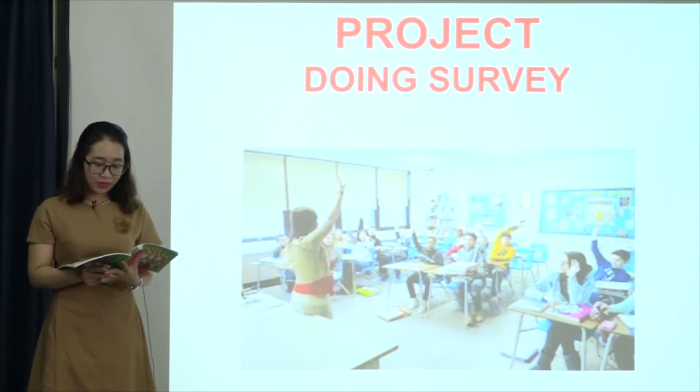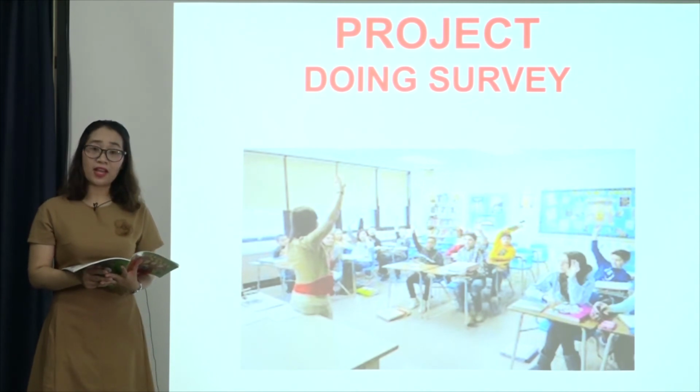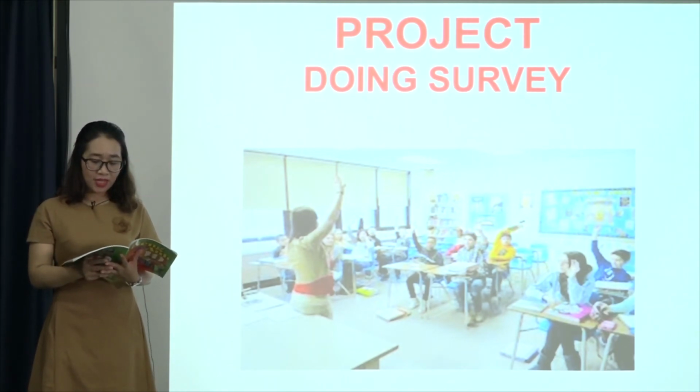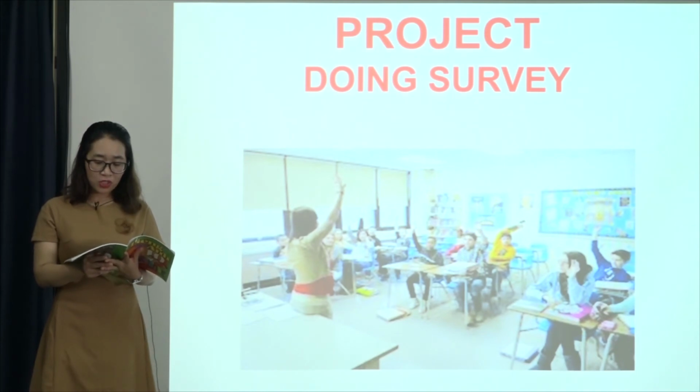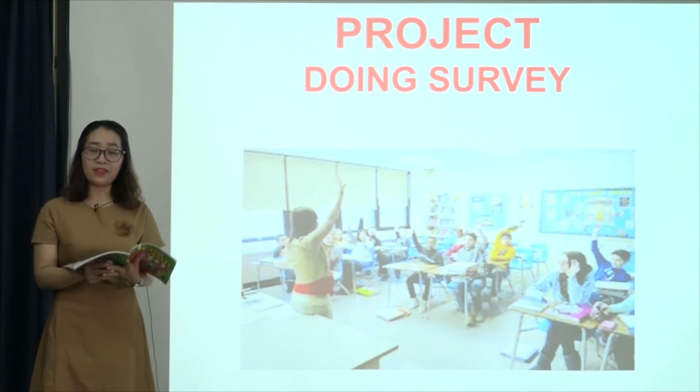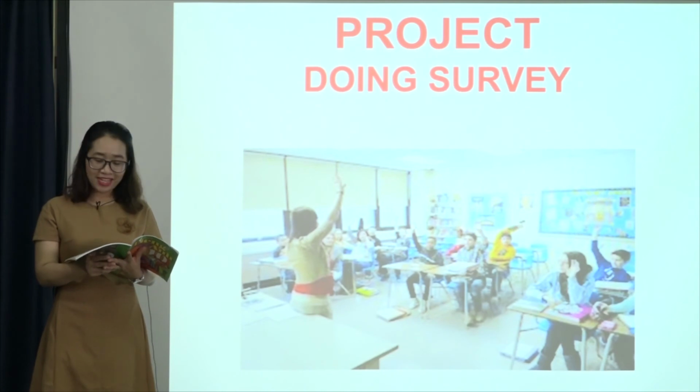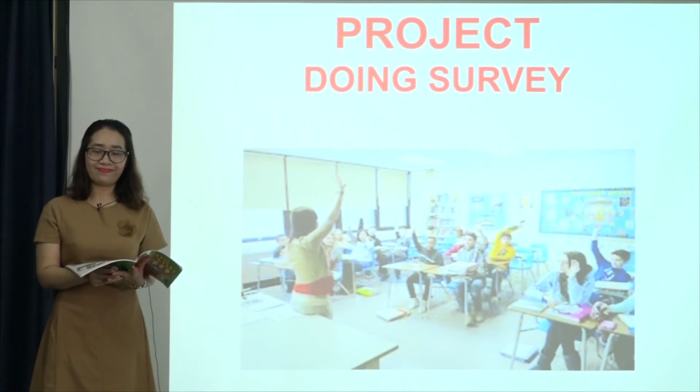In your textbook, the writer asks you to do a survey and find out how many boys and girls there are in your class and your school, how many class monitors are boys and how many are girls in your school, how many form teachers are male and how many are female in your school, how many teachers of literature are male and how many are female in your school, and how many teachers of mathematics are male and how many are female in your school.